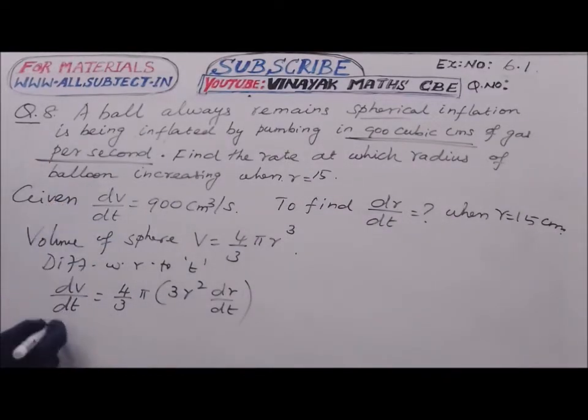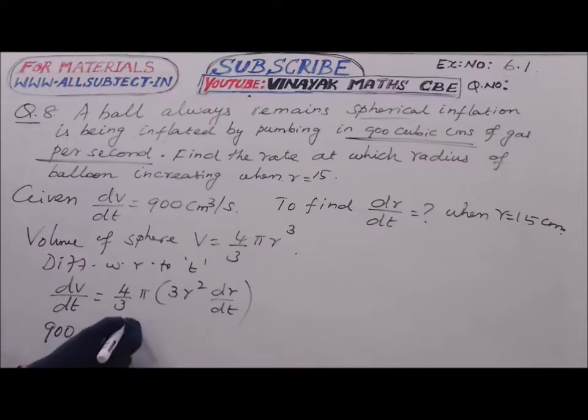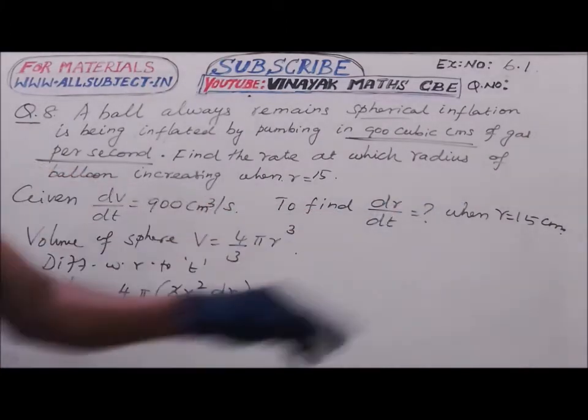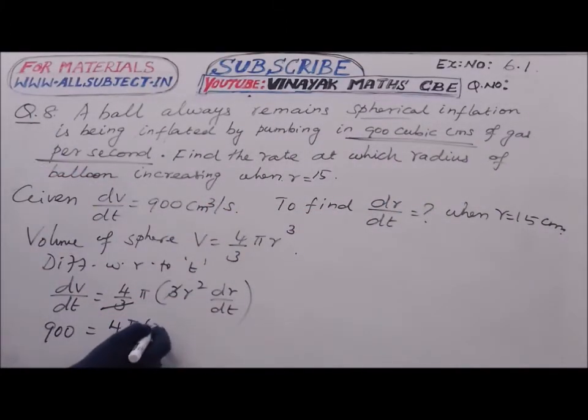So dV by dt is given as 900 cubic centimeter per second, which equals 4 pi by 3 into r square into dr by dt. Cancelling 3 and 3, we get 4 pi into r square. R is 15, so 15 square is 225, into dr by dt.